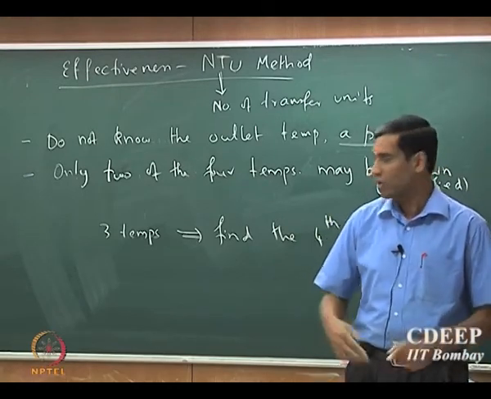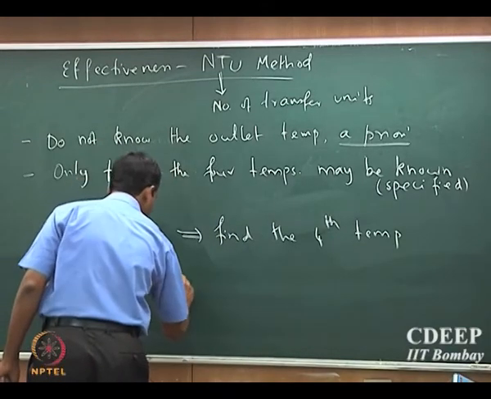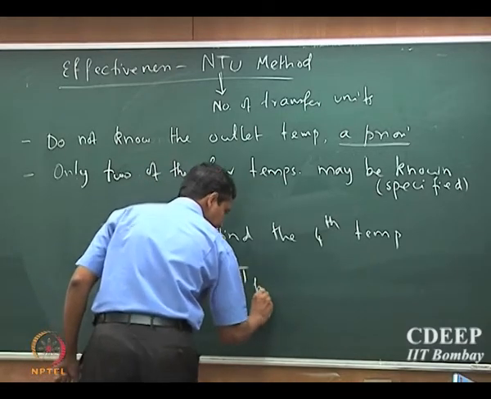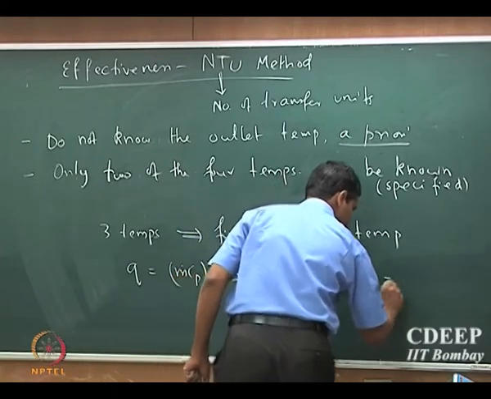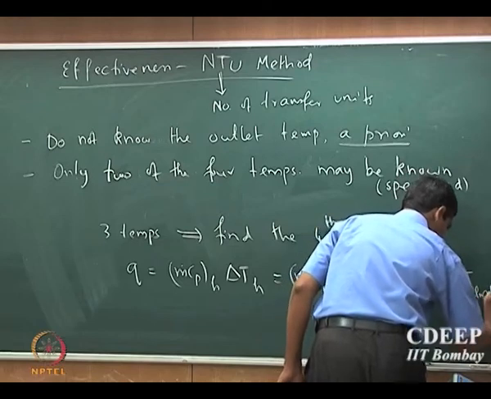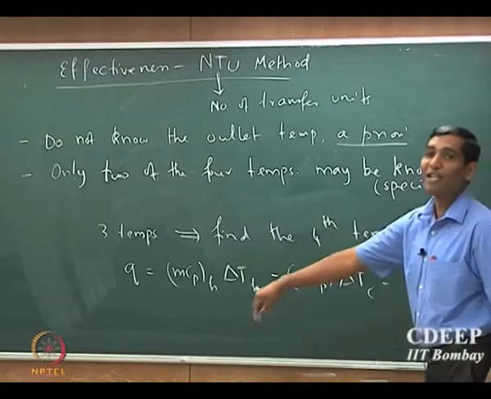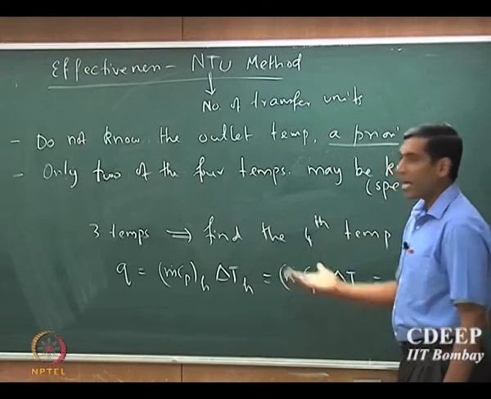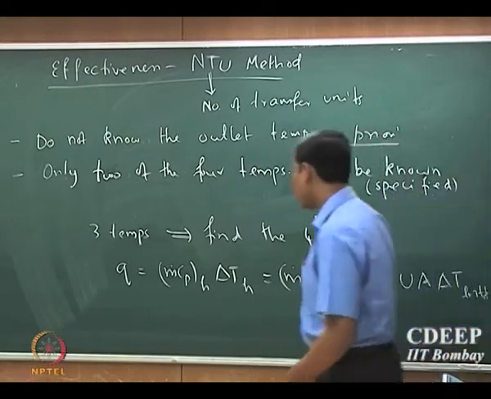It doesn't mean that you cannot use it. The way to do that is, so you have Q is m dot Cp hot fluid, delta T hot fluid. You actually got three equivalences using this relationship. So you could guess what is one of the temperatures.